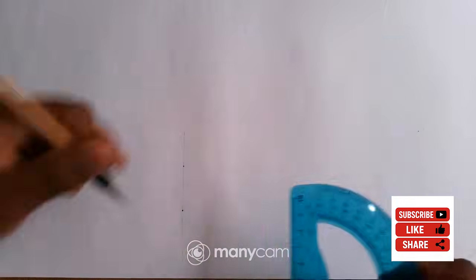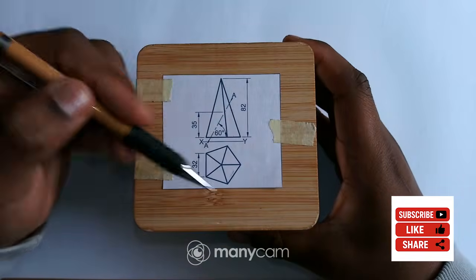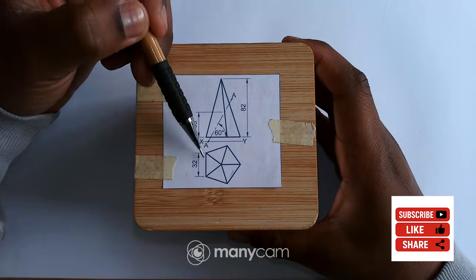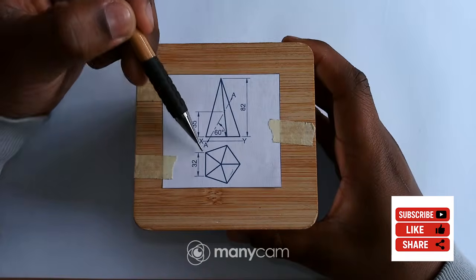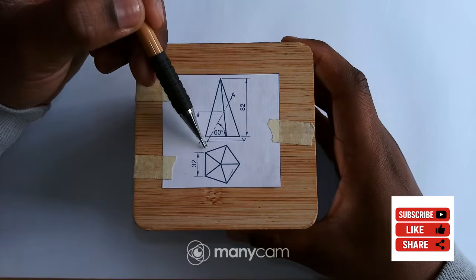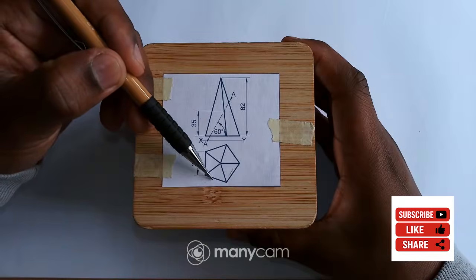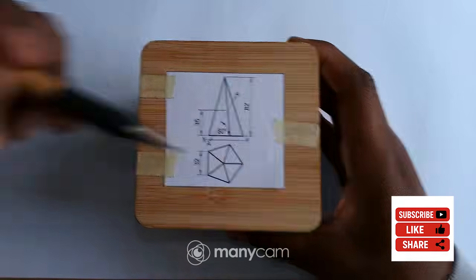Okay, and then because I'm constructing a pentagon, I'll just use my protractor there. So for me to draw this pentagon, obviously I'll start with this base here, and then to come up with this line, I'll measure 72 degrees, and also this side I'll measure 72 degrees, and obviously I'll have two lines, right?